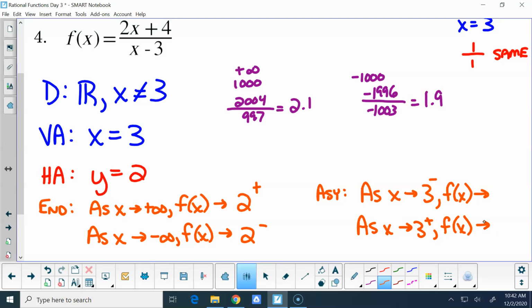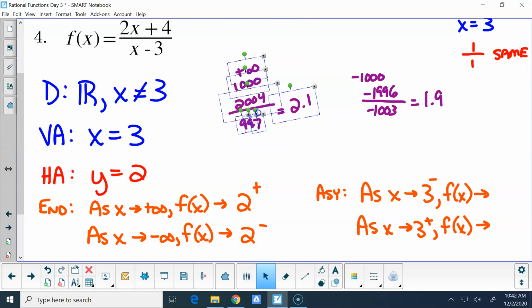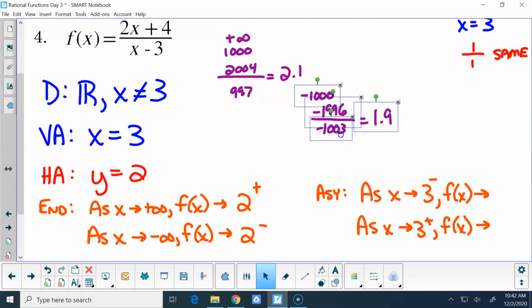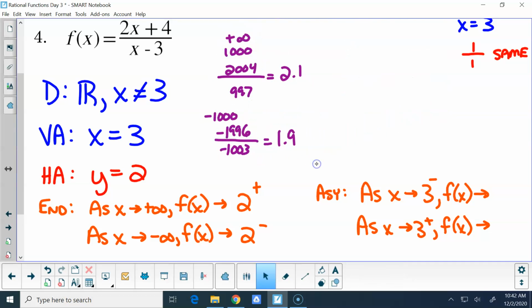So left of 3, that's going to be like 2.9.